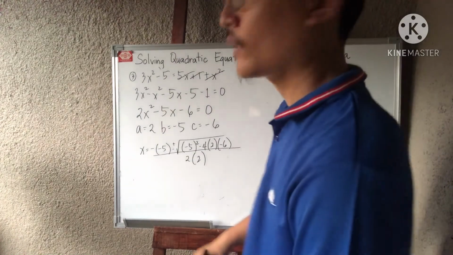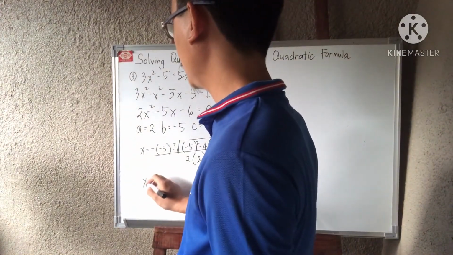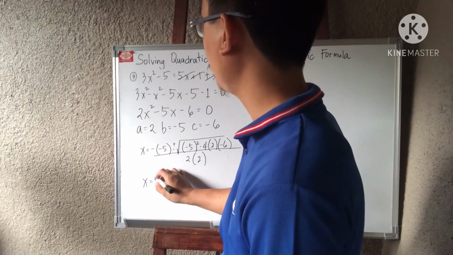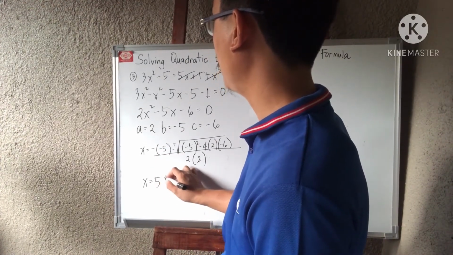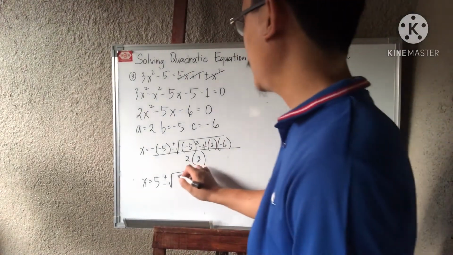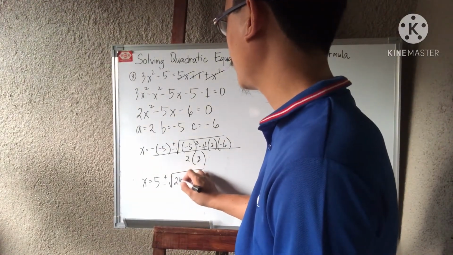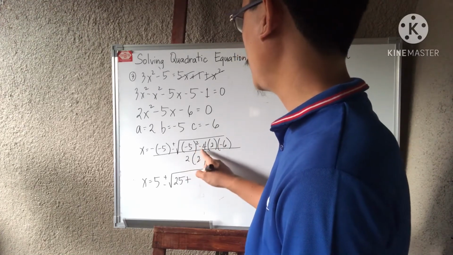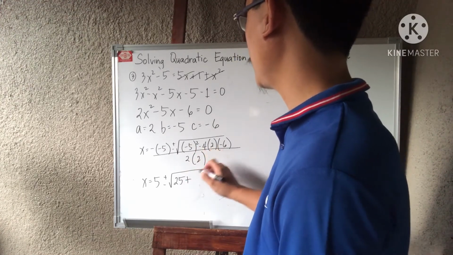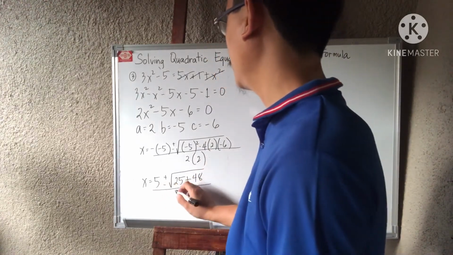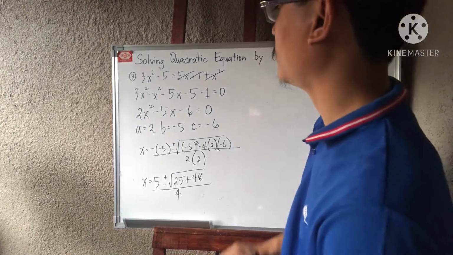Okay? And then, simplify. Negative of negative 5 is positive 5, plus minus square root of negative 5 squared is 25, minus, bago may negative doon, so this becomes positive, 4 times 2, 8 times 6, 48, all over 4. 2 times 2 is 4.